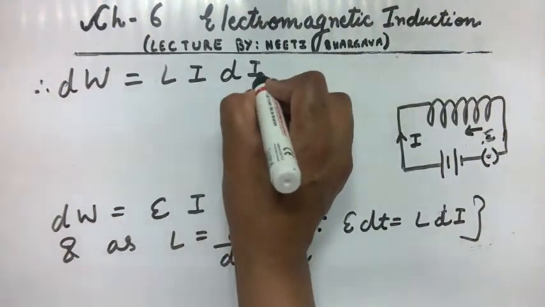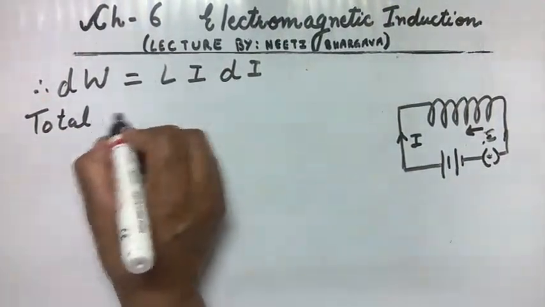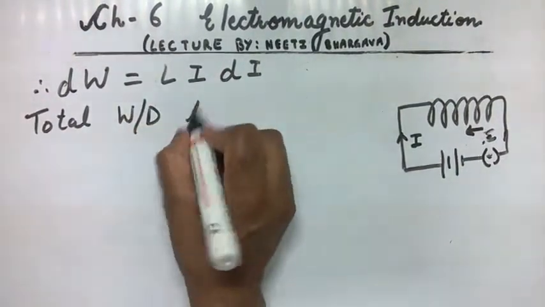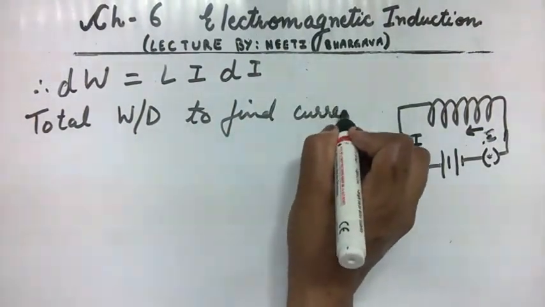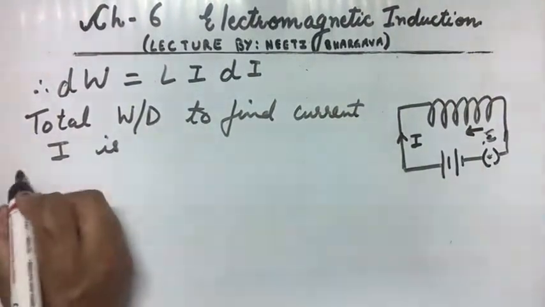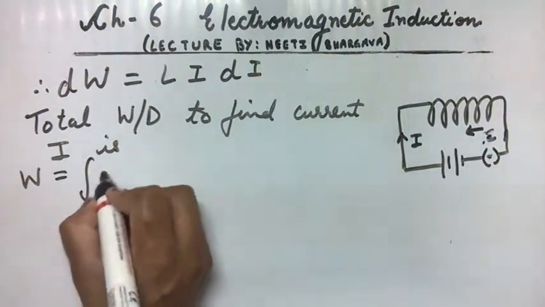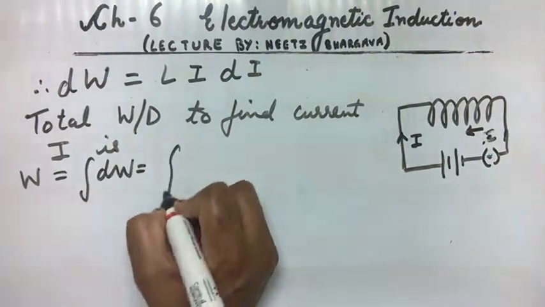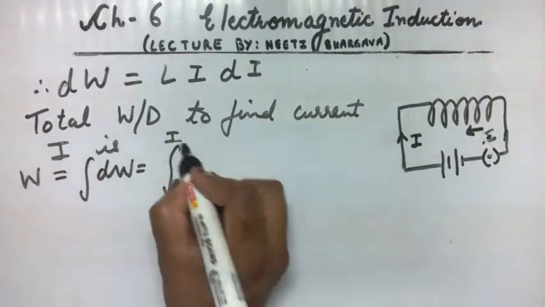And the total work done to establish the total current I is the integration of dW, from 0 to total current I, of L I di.